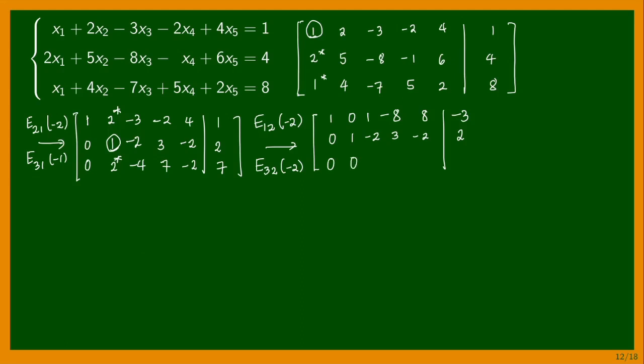Next, we do the following. Negative 2 times negative 2 is 4 plus negative 4, 0. Negative 2 times 3, that's negative 6. Negative 6, right? Plus 7, that's a 1. Negative 2 times 2, negative 2, that's a 4.